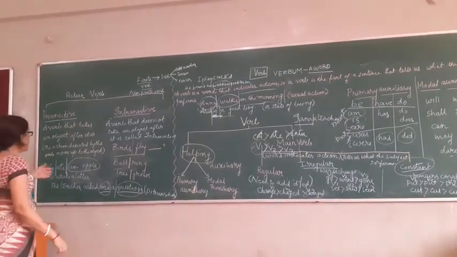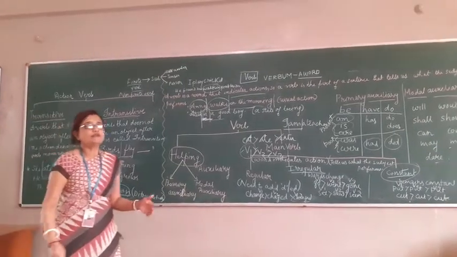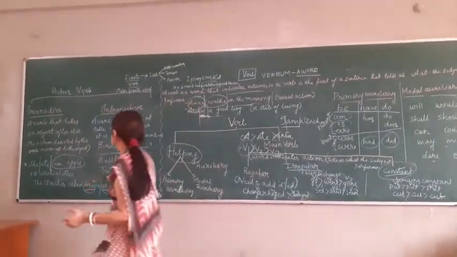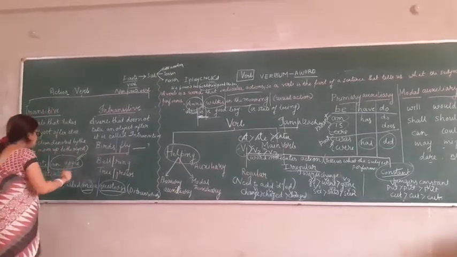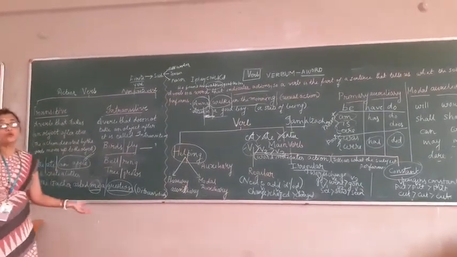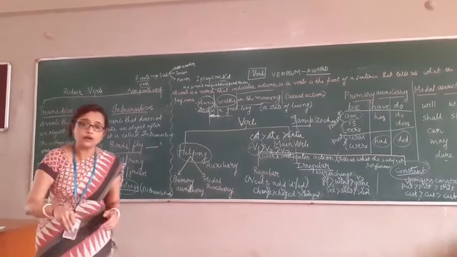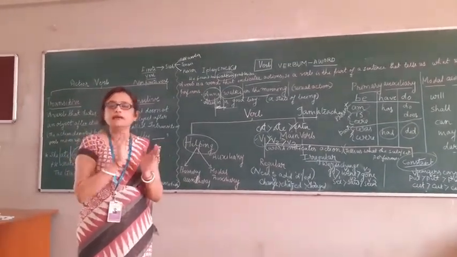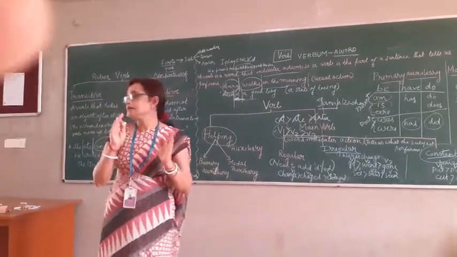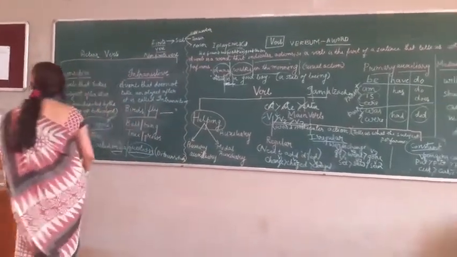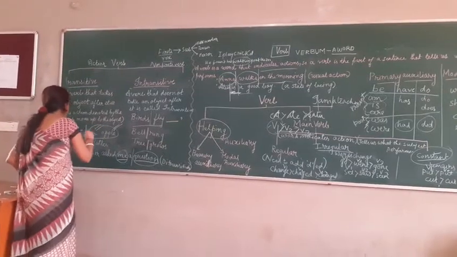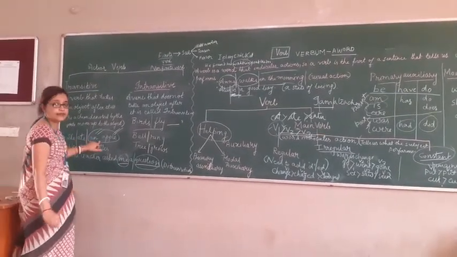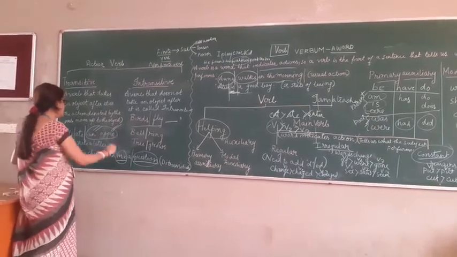Okay, so she ate. If you question the verb, she ate what? Okay, you will get an answer. There is one answer present, an apple. And when you question the verb with what, who, which, if you get the answer, then it is the transitive one. So this is the object present here, and if you question the verb, you will get the object as your answer.